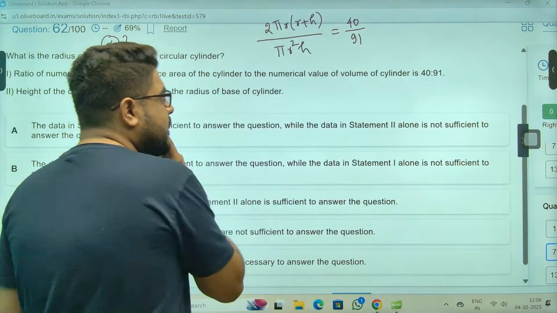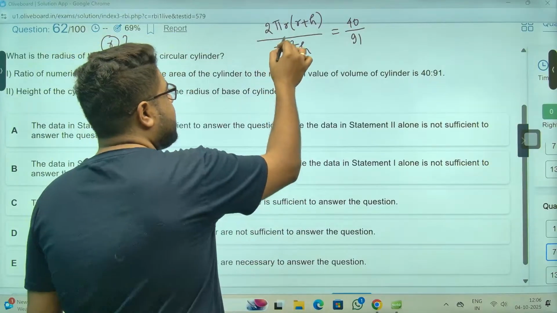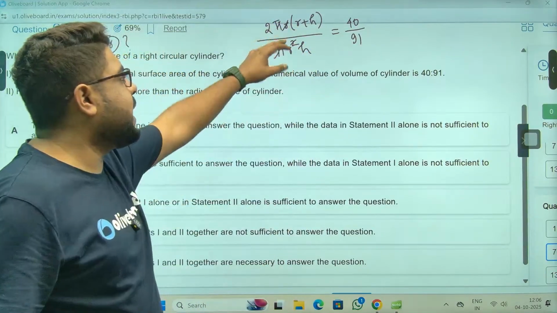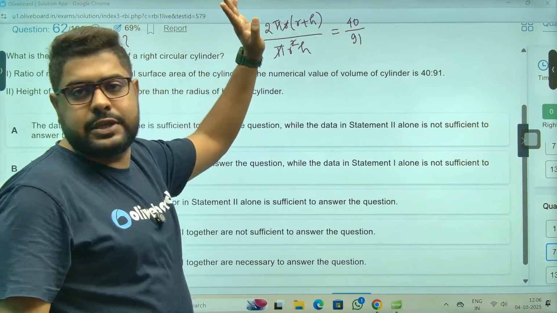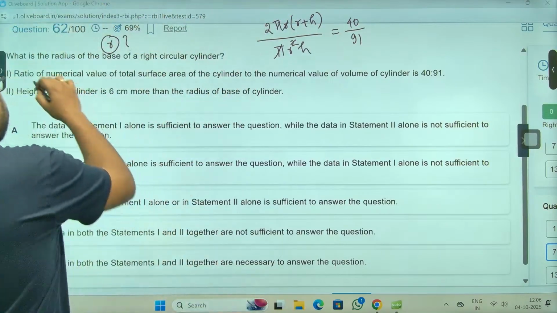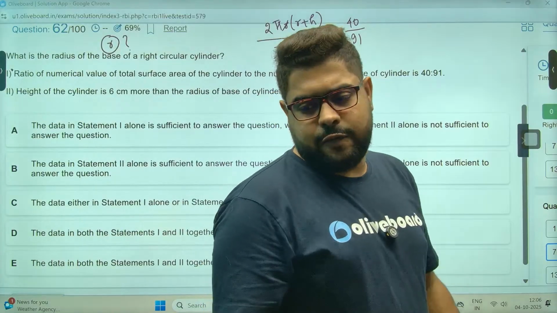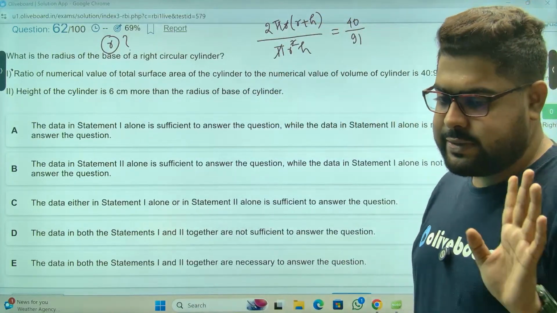This is given. Sir, again, whatever you cancel, ultimately, this is an equation having two unknowns, r and h. So this statement one alone is not sufficient, never sufficient. You cannot solve for two variables from one equation.